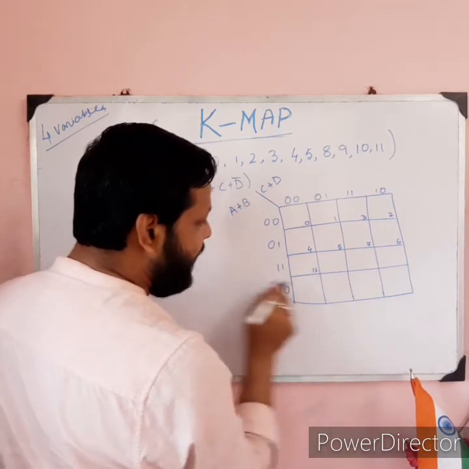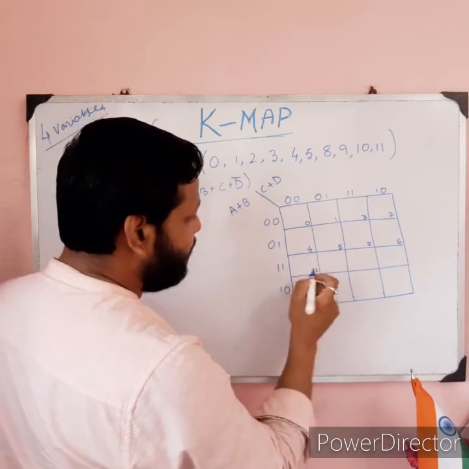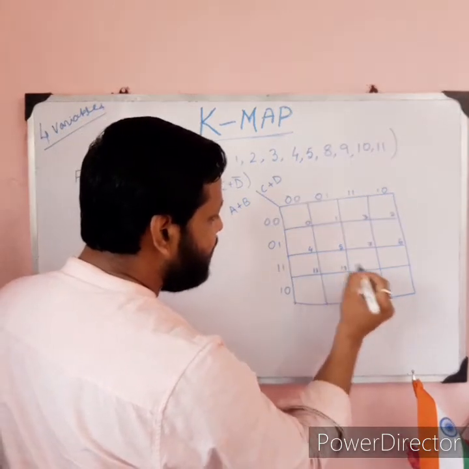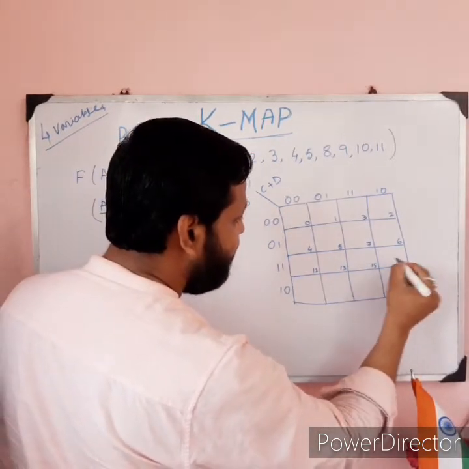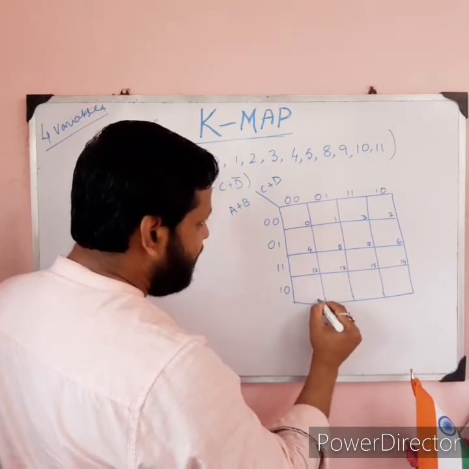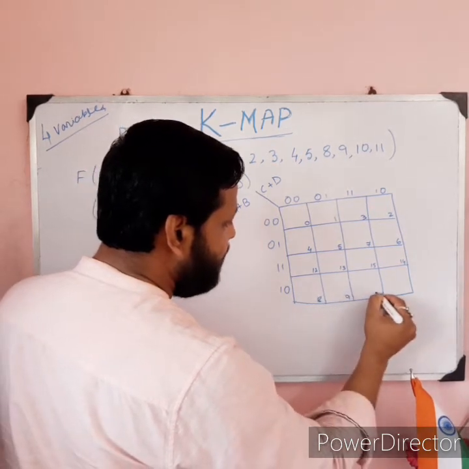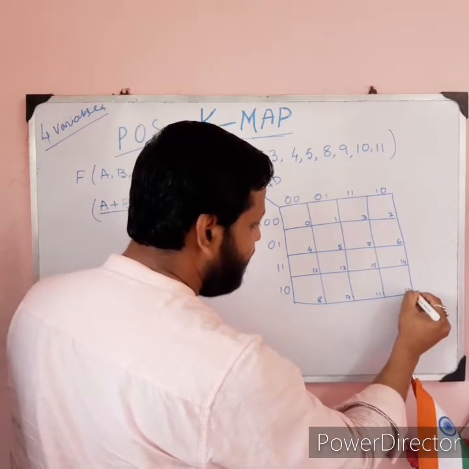This is 12. Why 12? A1, B1, C1, D1. Then 13, 15, 14. And this is 8, 9, 11, 10.